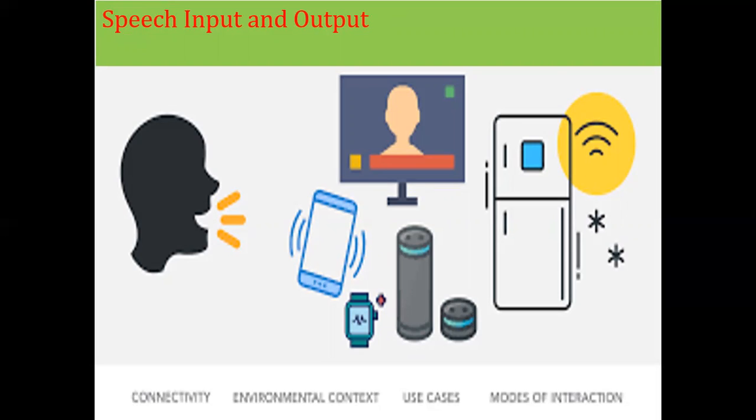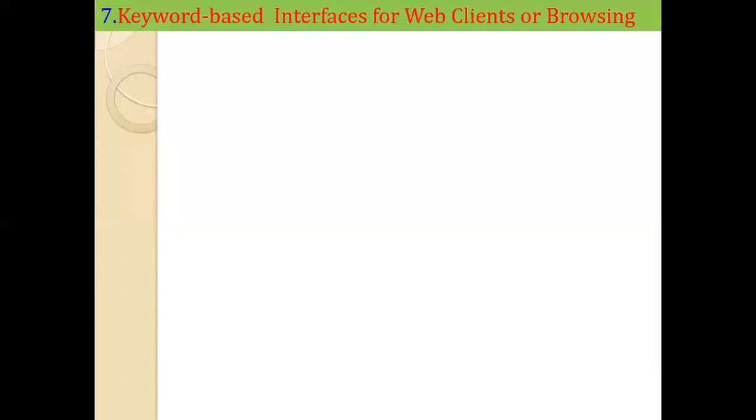The search engine will recognize your voice and send a written request to the server. Then the server will send back the response. So nowadays we can feel speech input and output is much better than typing the request.